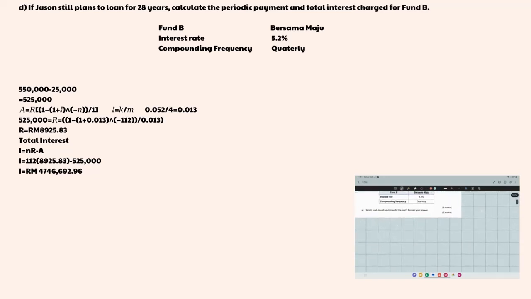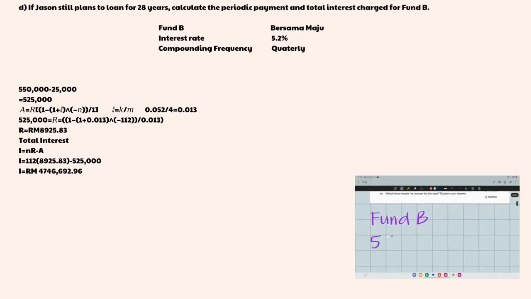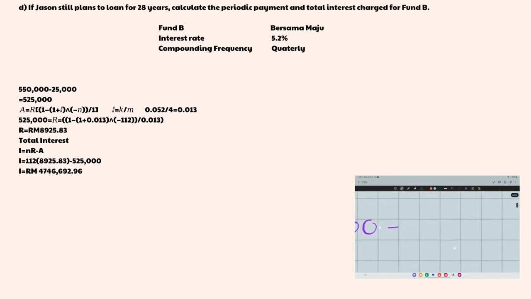So, Fund B. 550,000 minus the amount that he has, 25,000.